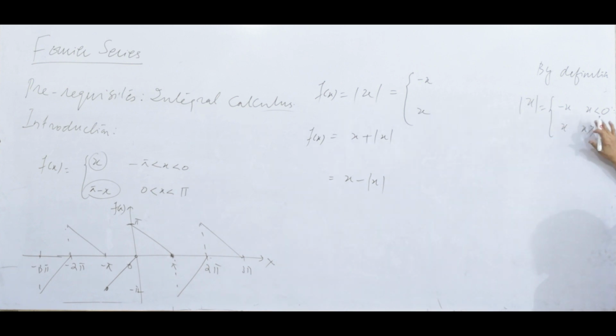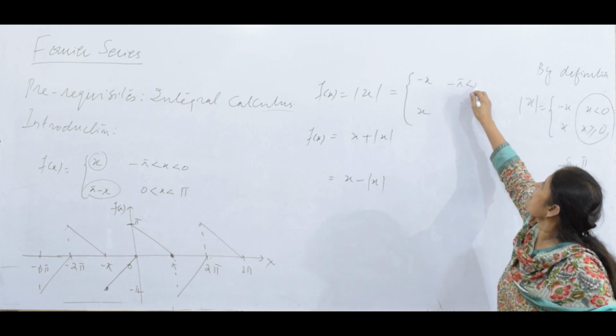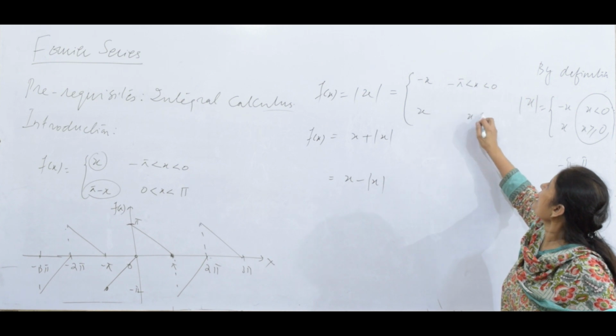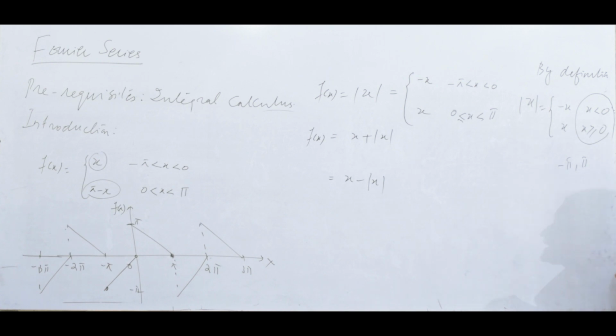If you make a little effort, you will see where to put minus pi and where to put pi so that the inequality is not disturbed. Let me have minus pi less than x less than 0, and x lies between 0 to pi. Look at that. I have adjusted minus pi and pi in this inequality without damaging the inequality.